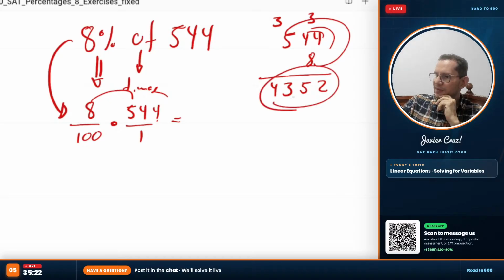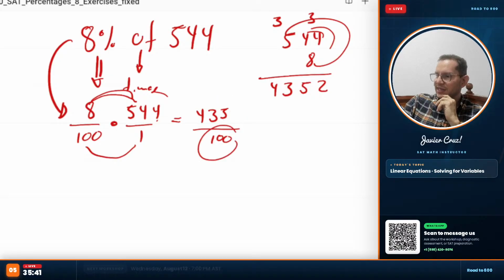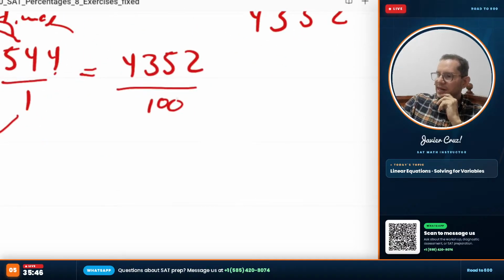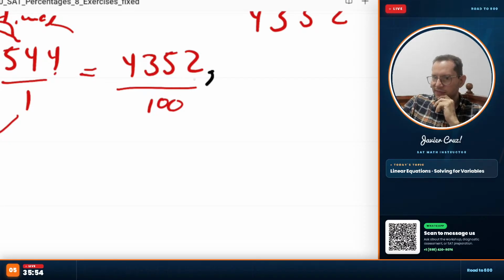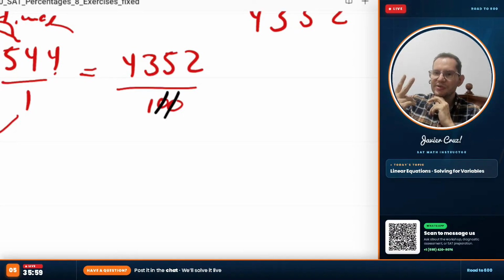So that number, 8 multiplied by 544, is 4352. Then we multiply 100 by 1, which is 100. So then we need to divide this number by 100, and that's pretty easy. Why? Dividing by 100 is just moving the comma 2 units to the left, because the 100 has 2 zeros.